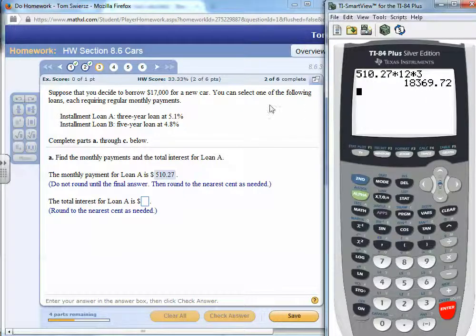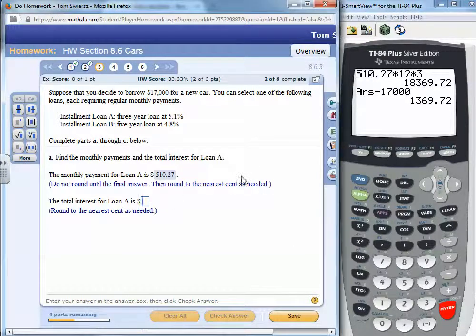Now, subtract what you borrowed, and that will give you the extra amount you paid, which is equivalent to the total interest. The amount we borrowed was only $17,000. So subtract $17,000, and the total amount of interest for loan A is $1,369.72.